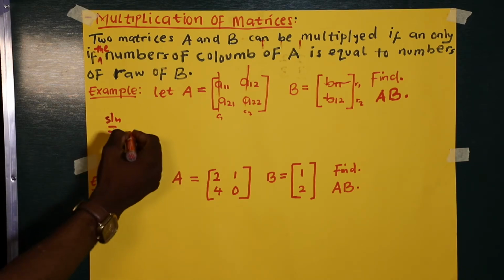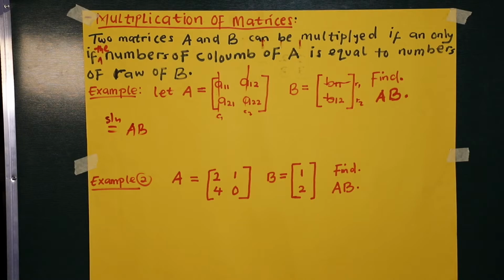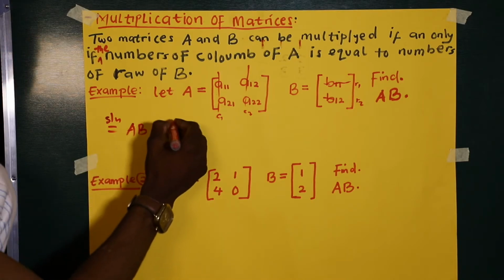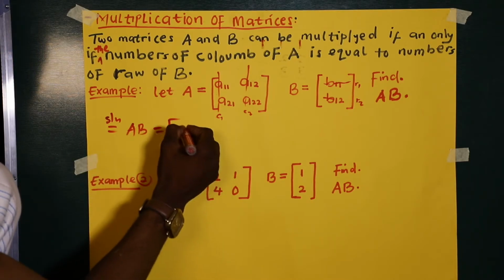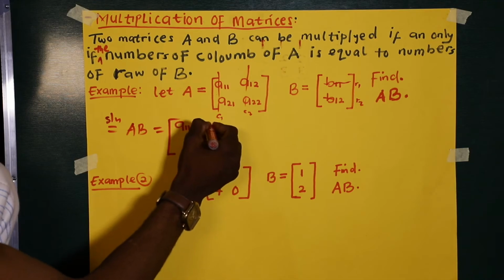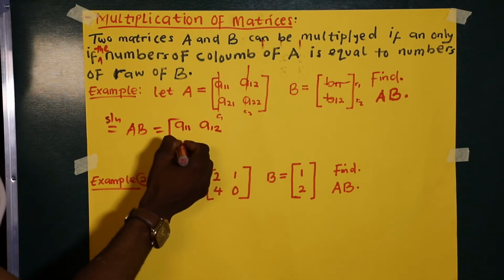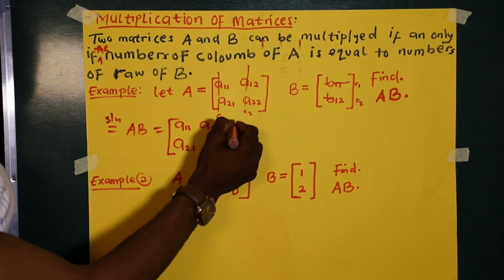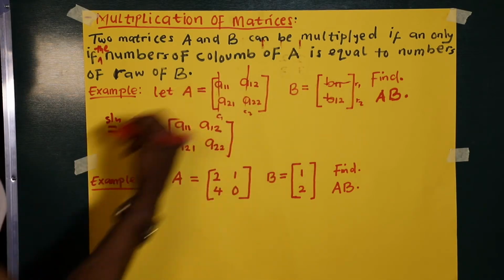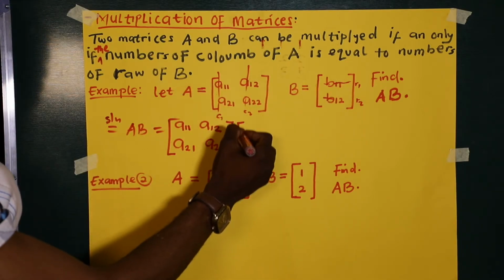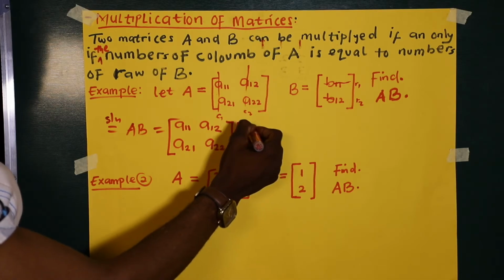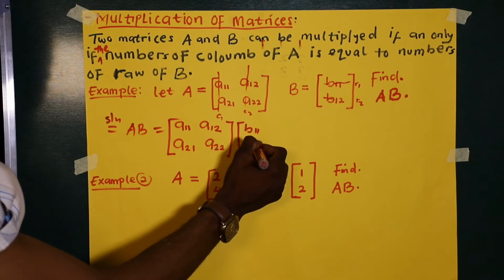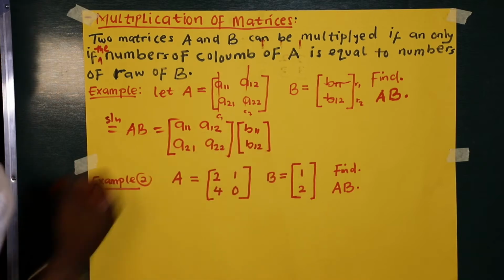To find AB, first keep the matrices together. A11, A12, A21, A22. Bring the matrix of B, B11, B12.